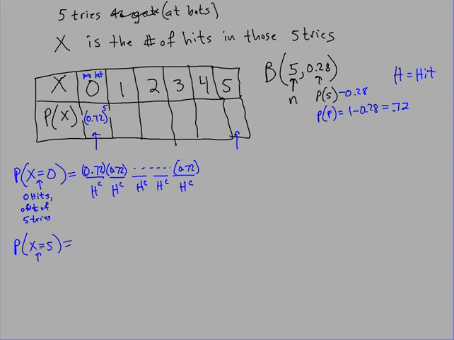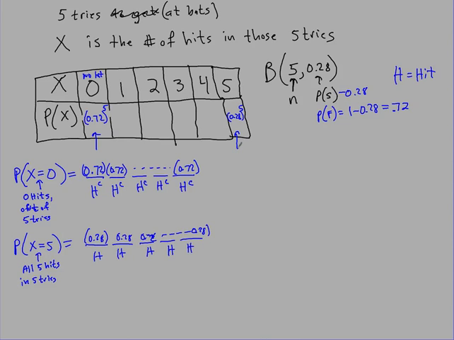Likewise, if he gets a hit every time, this means 1, 2, 3, 4, 5, that he gets all 5 hits in 5 tries. So this would be a hit, a hit, a hit, a hit, and a hit. This would be 0.28, 0.28, 0.28 all the way, so this would be 0.28 to the 5th.